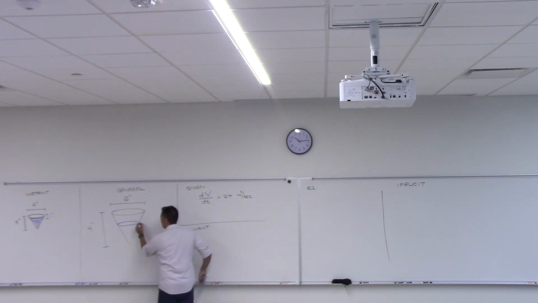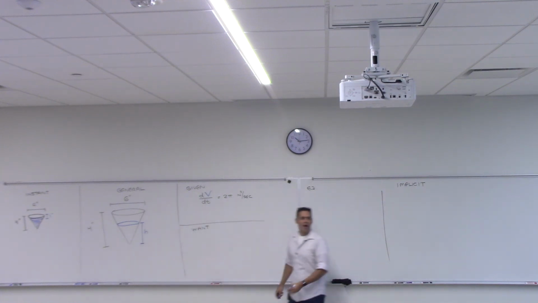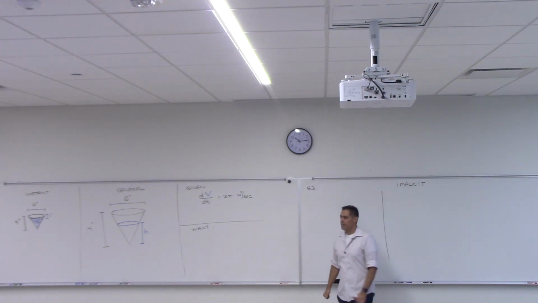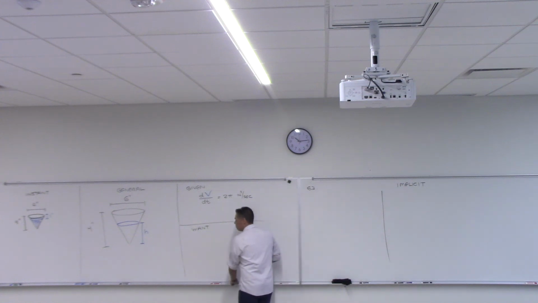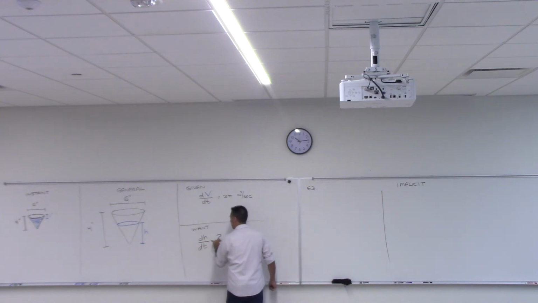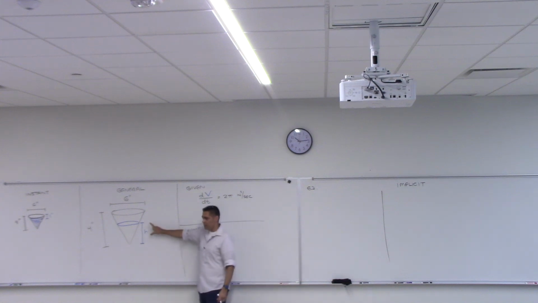So I'm going to measure the distance from here to here, and I'm going to call it h, little h. That's the height of the water. And I would like to know then how fast h is changing with respect to time, right? That's what I want to know. Tell me how fast h is growing.